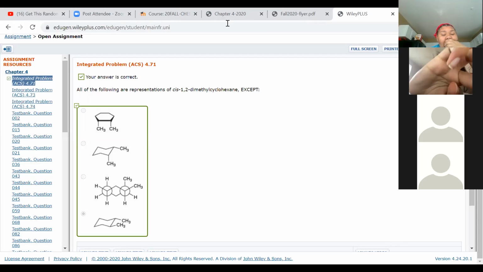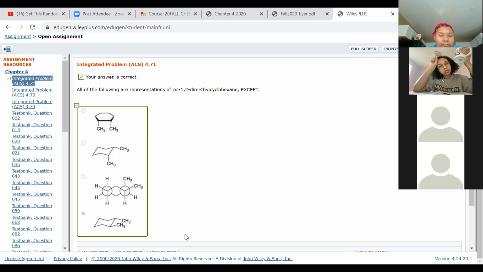Yeah. So what I'm thinking is that you're going to have electron clouds around that methyl group, and in the last answer they're going to be too close. They're going to overlap, creating negative energy, like a torsion strain.